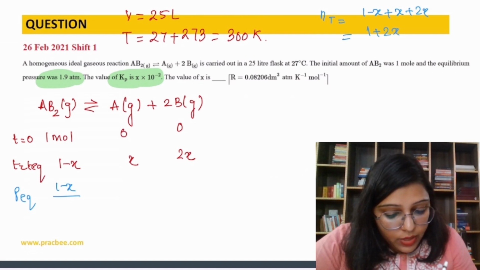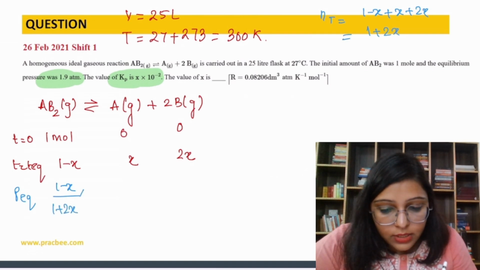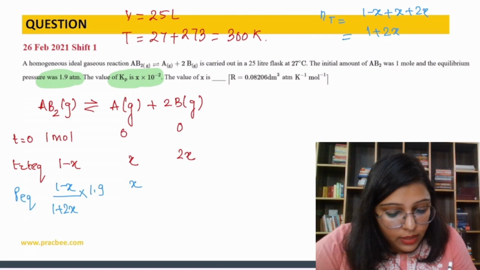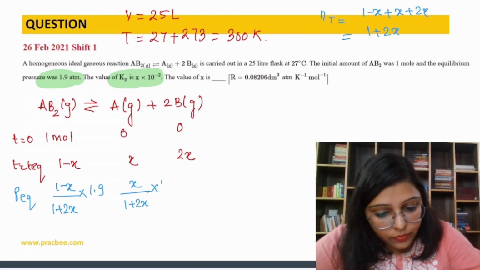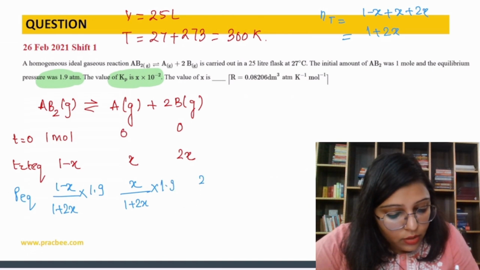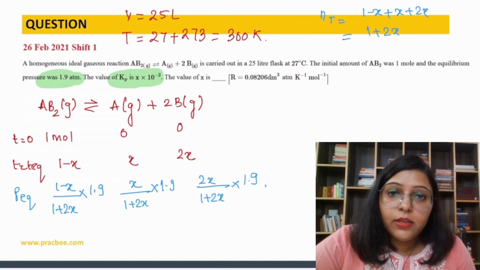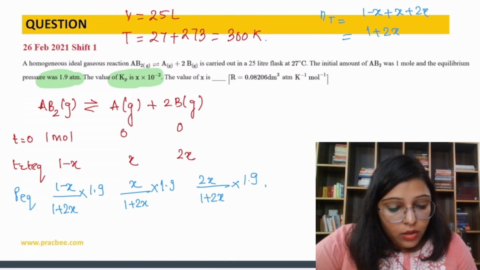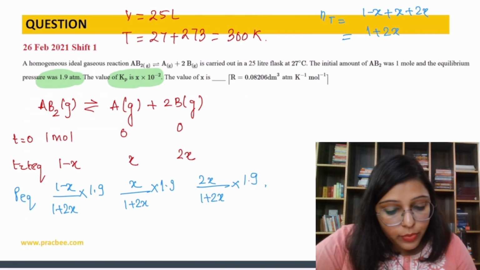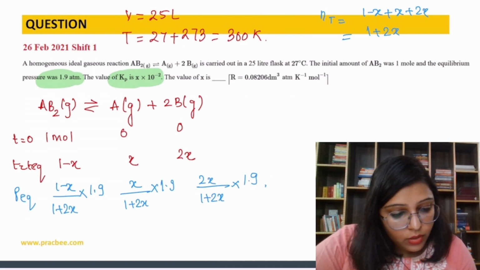So the partial pressure of AB2 is 1 minus x upon 1 plus 2x into total pressure 1.9, of A it is x upon 1 plus 2x into 1.9, and of B it is 2x upon 1 plus 2x into 1.9. Total pressure is 1.9.